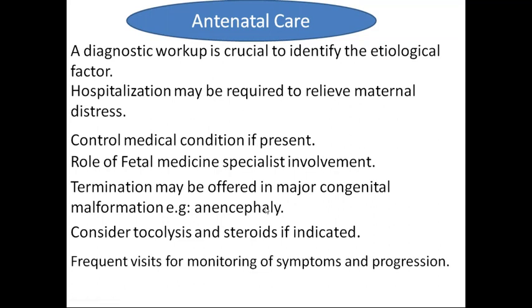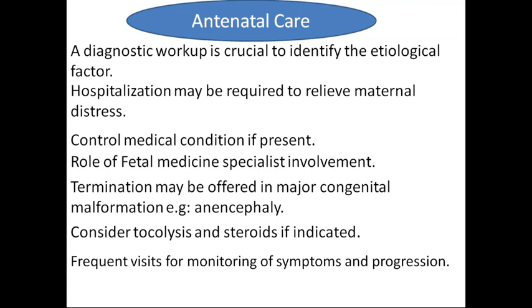Okay, and if she is in preterm labor, we can give tocolysis and steroids if indicated. And it's important, according to the amount of polyhydramnios, we can offer hospitalization, especially if there is severe polyhydramnios, because if there is sudden rupture of membranes, it can cause abruptio placentae, for example, or cord prolapse.